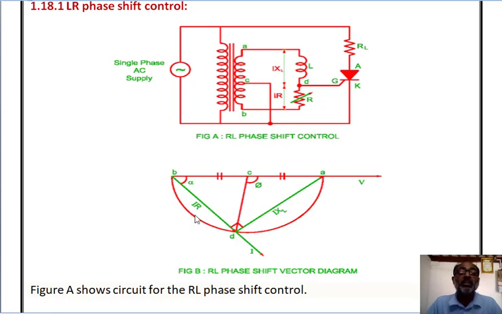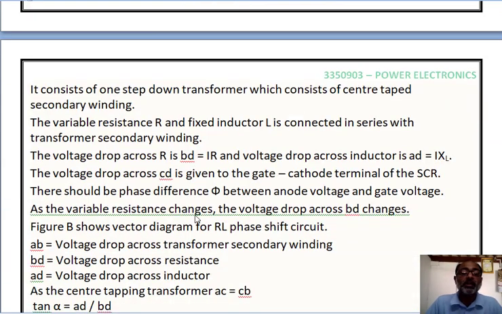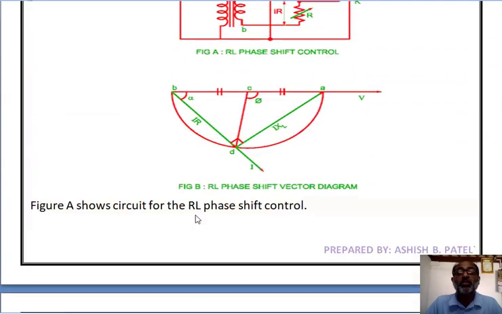Now if we change the value of the resistance R, ultimately it changes the voltage drop across this resistance, so the voltage drop across BD is varied.